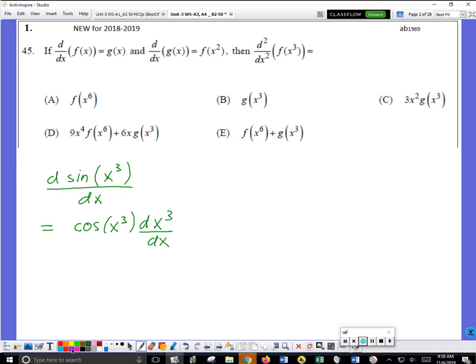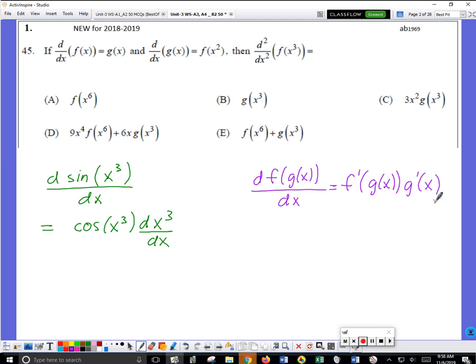Watch. Here's the chain rule as listed on the green sheet.